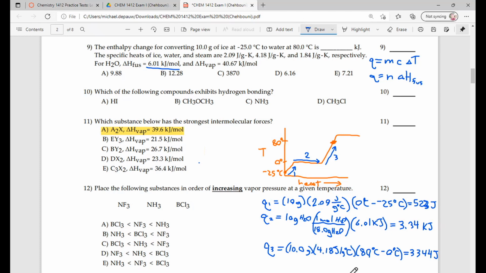So I'll just convert the others to kilojoules and then add them up. And if I do that, what do I get? Because this will be like 0.523. This will be 3.344. Add those all up, and it's going to give you about 7.21.